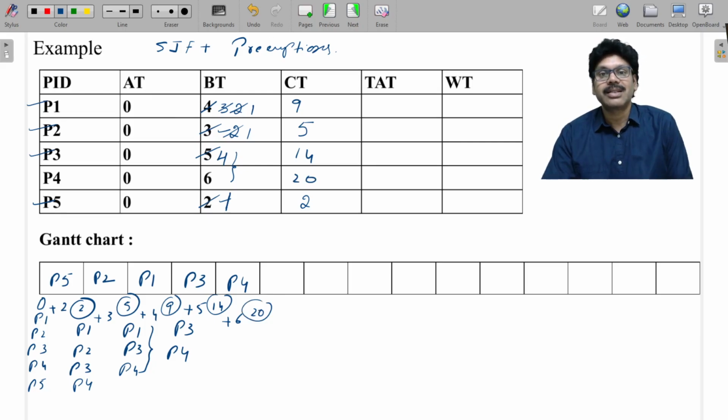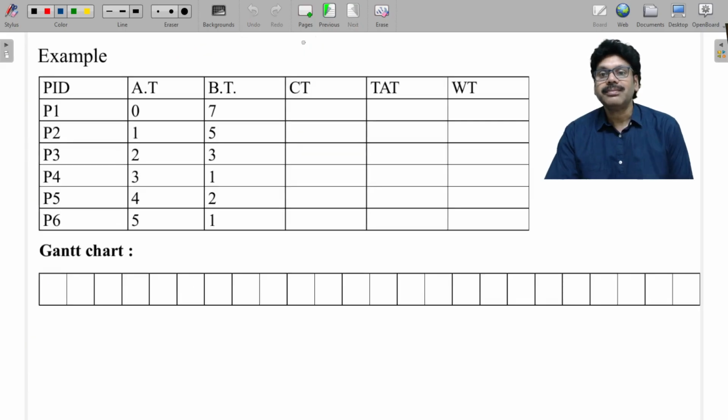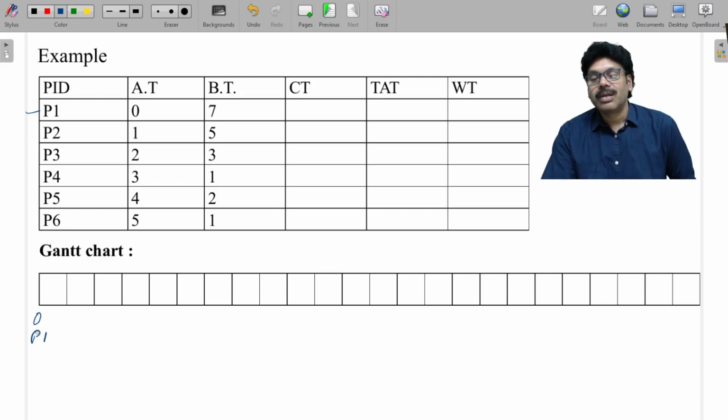Let us look at the next example. Now, at arrival time 0, only one process is there, P1. So don't execute it completely for 7 units. Remember, there are some preemptions. We are doing SJF with preemptions. You need to be careful because other processes are also coming at regular intervals.